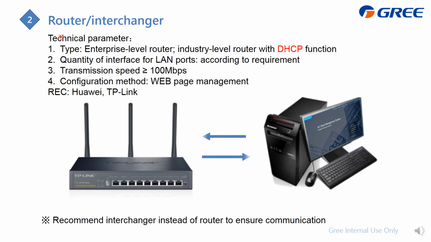And here are the requirements. The most important is the DHCP function. I think it is a regular one, and here we recommend Huawei or TP-Link. For communication reliability, we recommend the switch instead of the router.